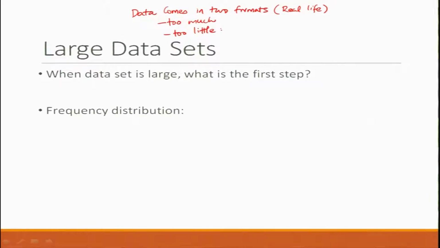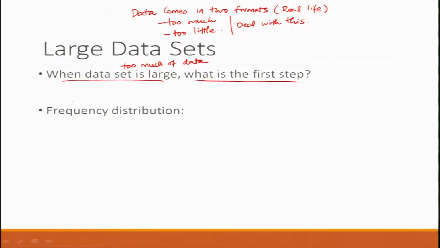So, then we have to have methods or mechanisms to deal with this. Today we are going to look into when the data set is large. If you have a large data set or too much data, then what is the first step or what do we do?